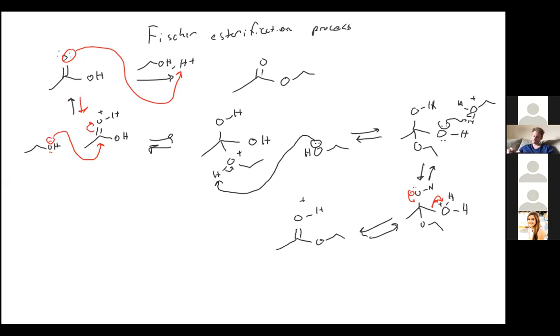And then either the water we kicked out or another alcohol can come in and grab this proton to give us an ester. This is totally reversible, so we can also do this in the exact opposite direction in order to get back to our carboxylic acid.